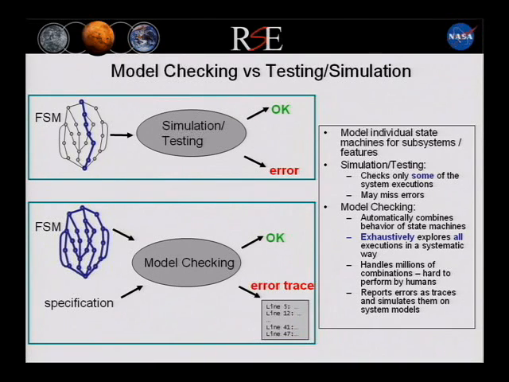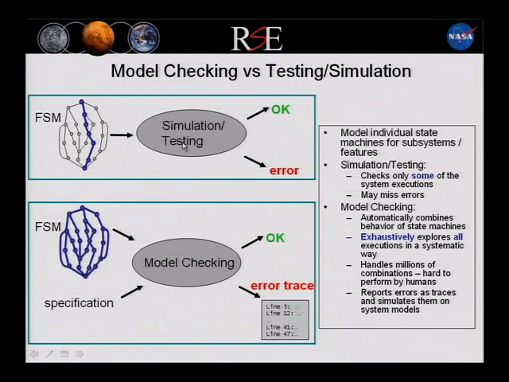So this is like a very, very high-level introduction to model checking, and comparison with the more traditional simulation or testing. So the idea is that one models individual state machines for subsystems and features as maybe finite state machines.